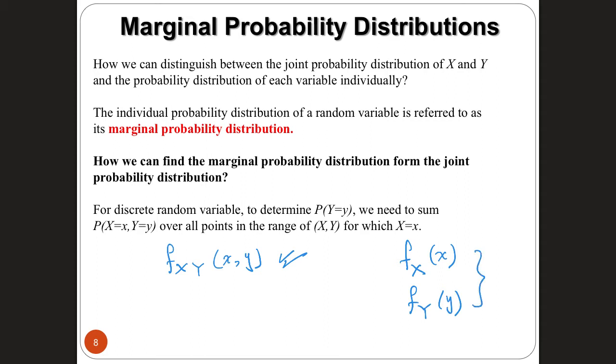We call these marginal distributions. Okay, so the other one was called joint distribution. This one is called marginal distribution, right? So how can I get from the joint to the marginal?